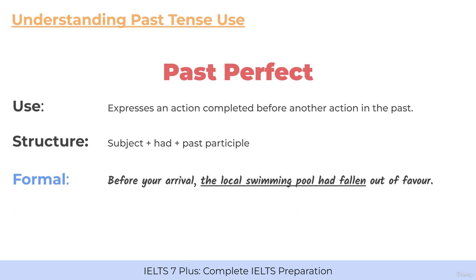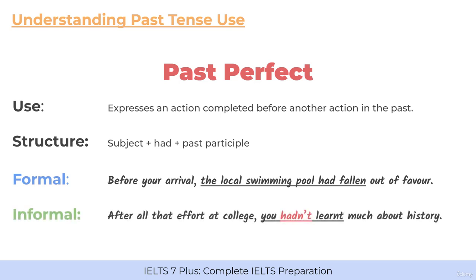And within an informal context, after all that effort at college, he hadn't learnt much about history. He, subject, and now we have the negative past perfect form, had not, hadn't, so in informal situations, hadn't learnt, which is the past participle of learn.